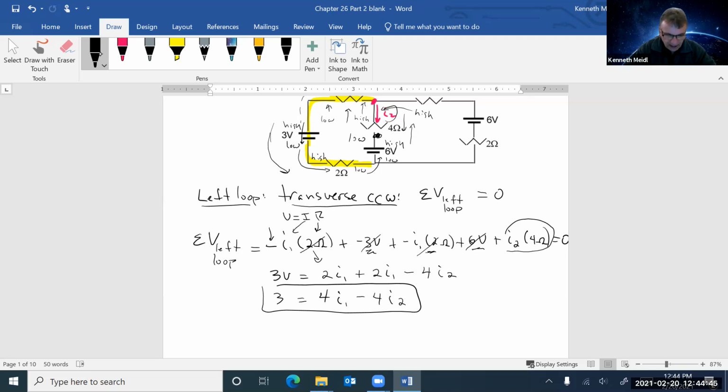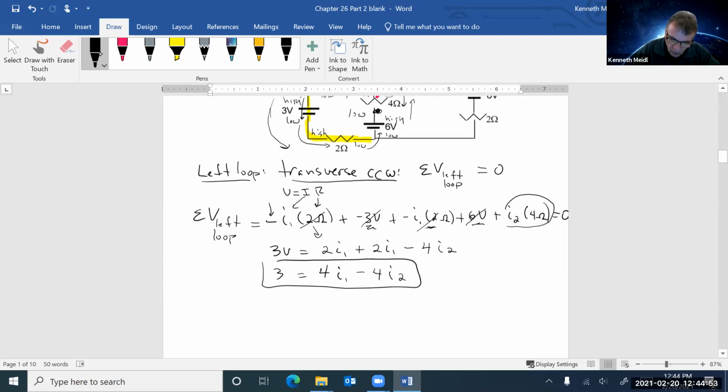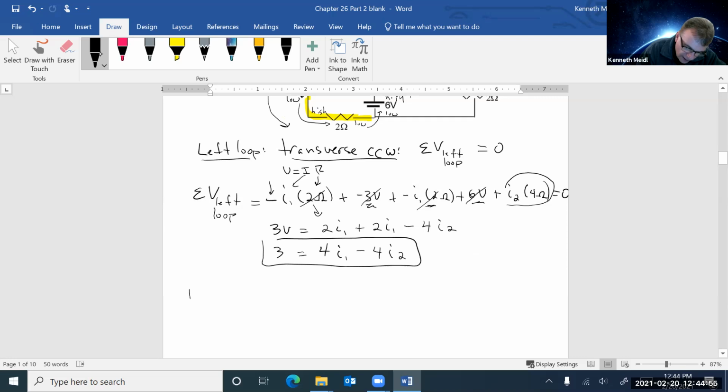So what I need here is another equation, because I still have 3 unknowns and I only have 2 equations. Now I'm going to go around that right loop. When I go around the right loop, I'm going to add up all the voltages and set them equal to 0.